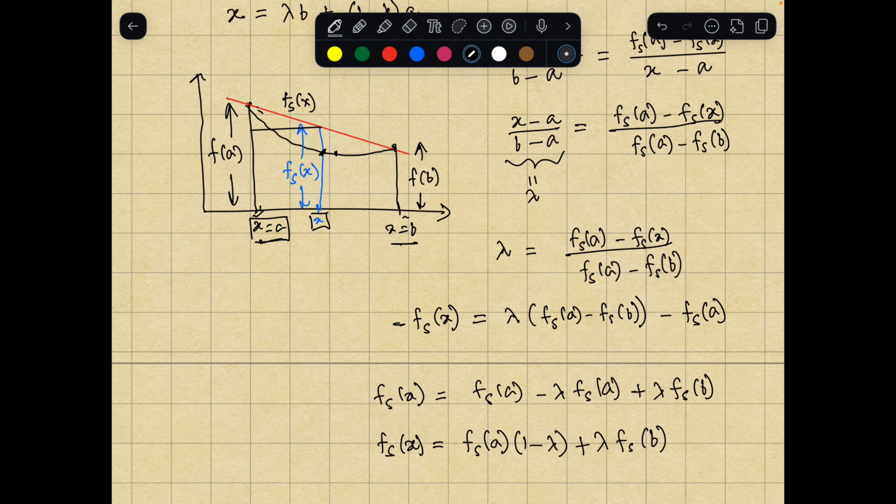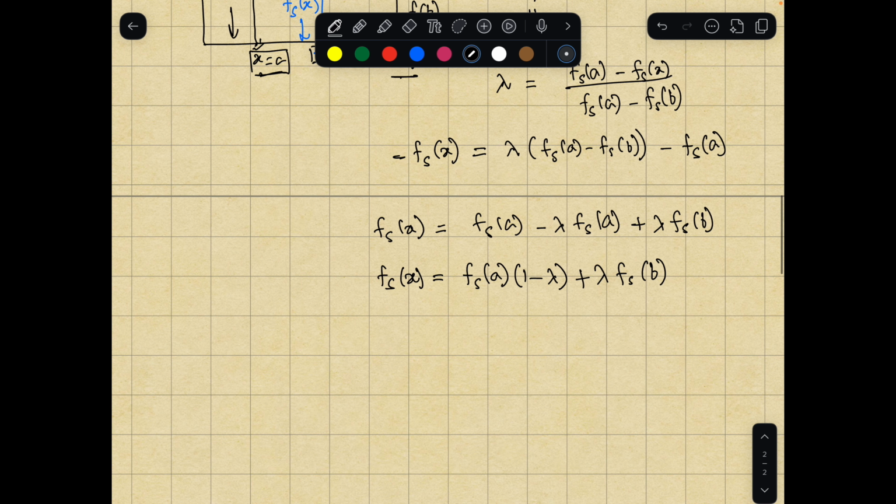This f of x is always less than fs of x, so we have f of x is always less than or equal to fs of x.